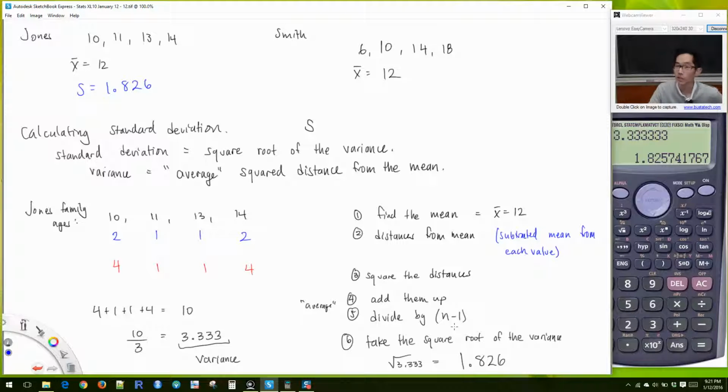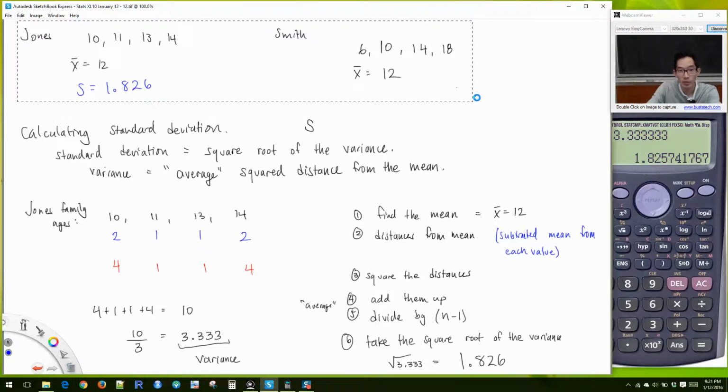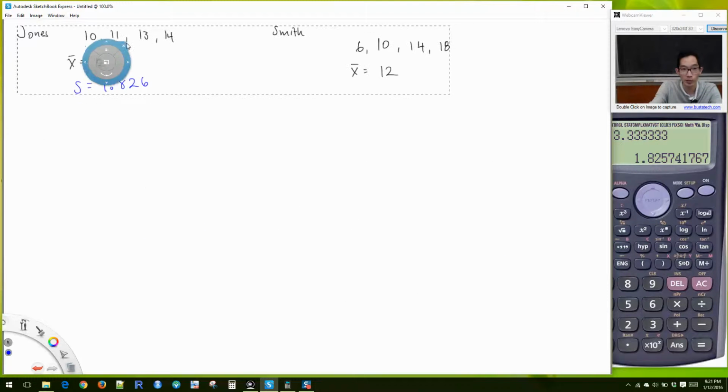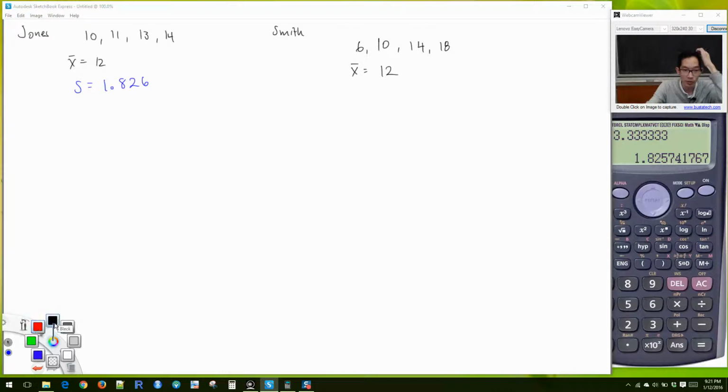All right, so I'm going to race through calculating the standard deviation for the Smith family. I'm just going to run through these same exact steps. The average here is 12, so I'm going to do 6, 10, 14, and 18, and then I subtract 12, and so I get 6, this is 2 away, 2 away, and this is 6 away.